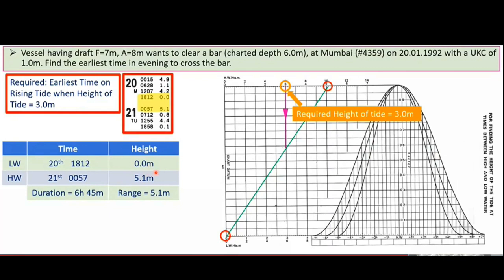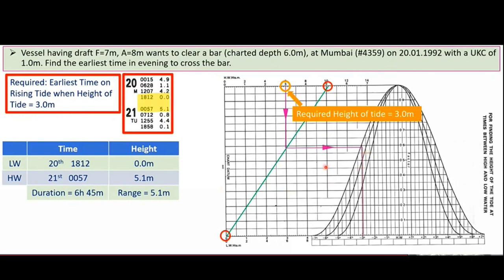So our event shall be before high water, and before high water is this side of the curve, right? So we shall be stopping on the left side, and to which curve, whether 7 meters, 6 meters, or 5 meters? Our duration is 6 hours 45 minutes. So we visually interpolate. This is 5, 6, and this is 6:45 out here.